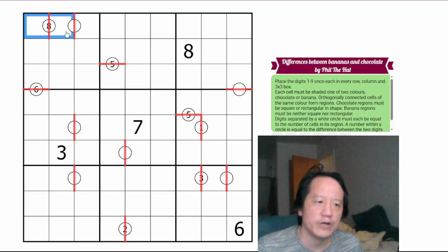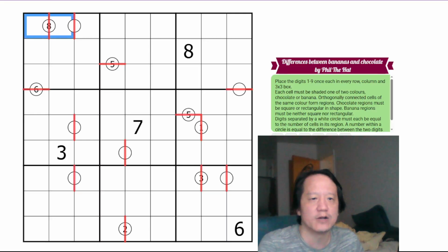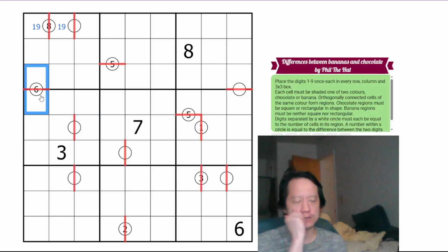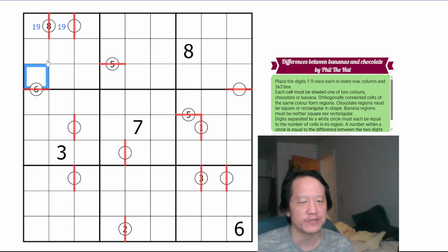The only way that this works is this has a difference of 8. So this has to be a 1-9 pair here. Difference of 6. Again, this cannot have 1 or 9 here because of the 1-9 pair in the box.